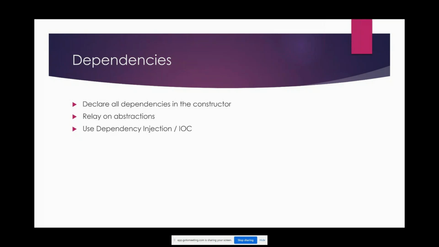And use dependency injection. Why? Okay, I am saying to put everything as abstractions and everything as constructor dependencies. So sometimes we will have a lot of dependencies, and it will be hard to write new object, dependency 1, dependency 2, dependency n. Using dependency injection, you just ask for a new instance of your class, and it will handle all the dependencies for you.